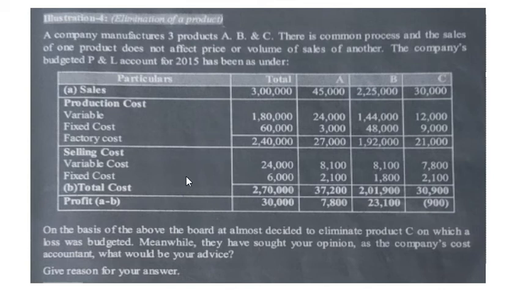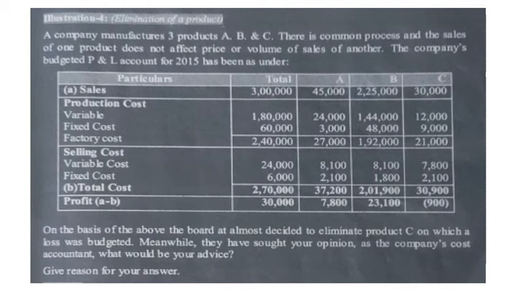They have not differentiated fixed cost and variable cost, so the cost sheet is not prepared accordingly. We need to classify what is fixed and what is variable cost. According to marginal costing, fixed and variable should be clearly differentiated so that management can take good decisions.